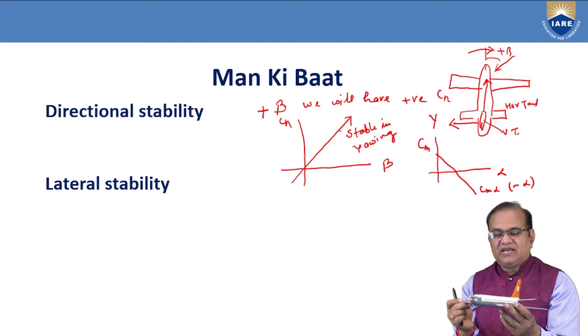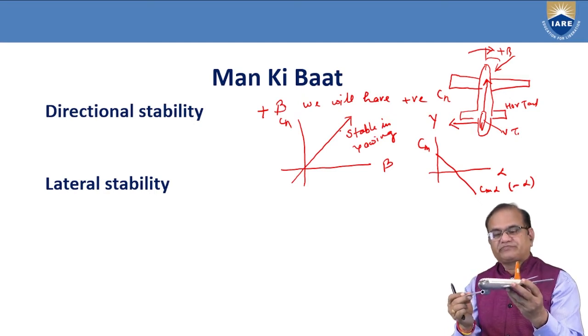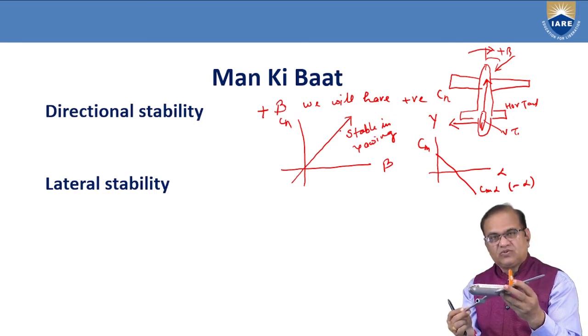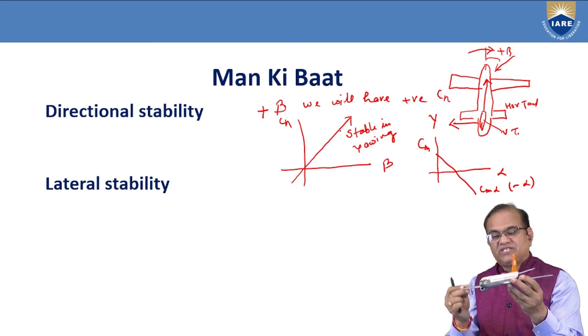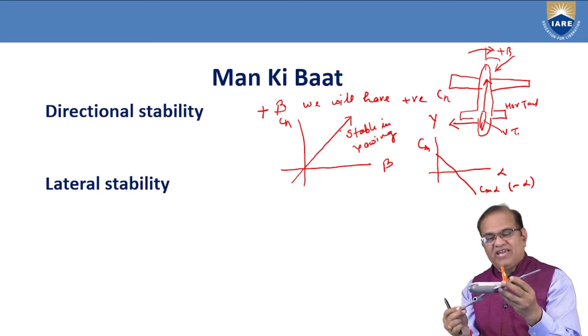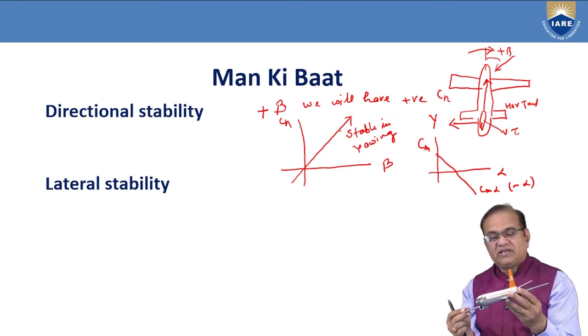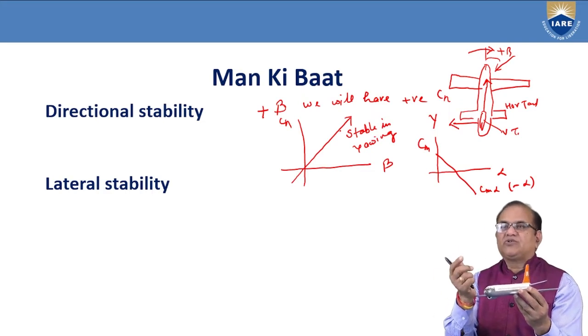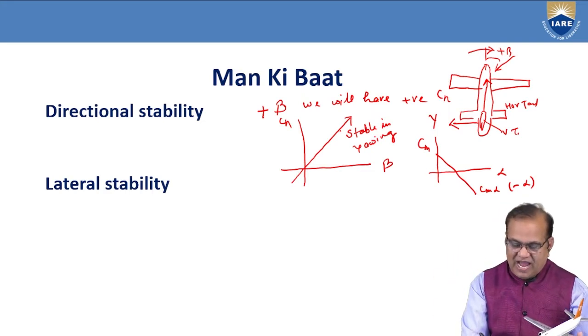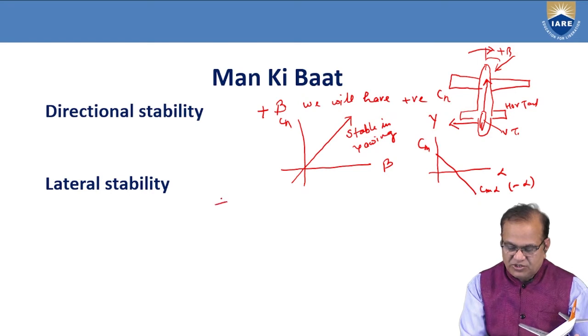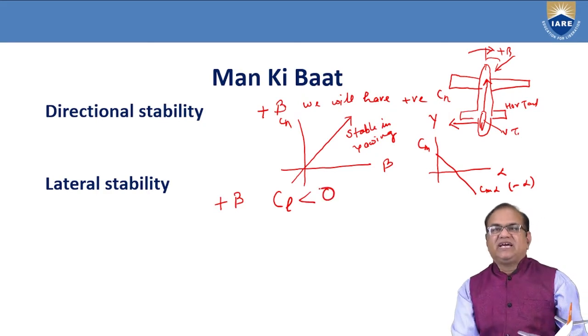So here, this is the positive. If phi is positive, then a negative rolling moment should come. So if I draw here, for a positive beta, CL should be negative. This is the criterion for the lateral stability.